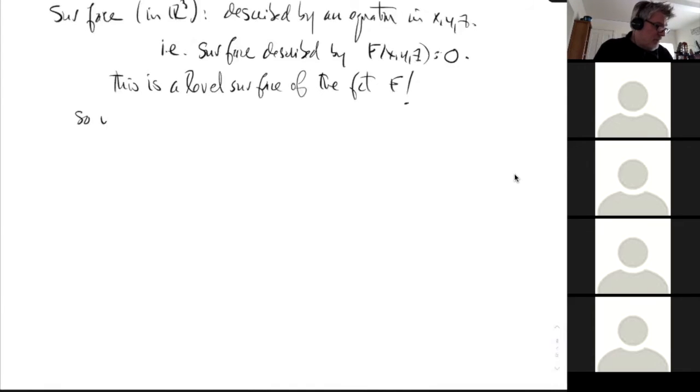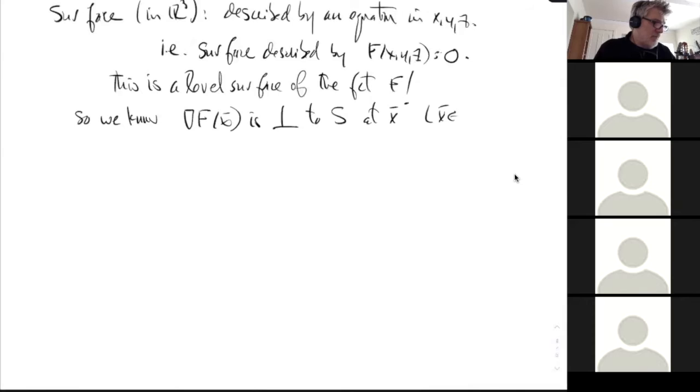So we know that the gradient of this function f at x bar is orthogonal to S at x bar, right? So this allows us to define the tangent plane using this vector. Now, there's something that I didn't mention in the last few minutes. I should have.